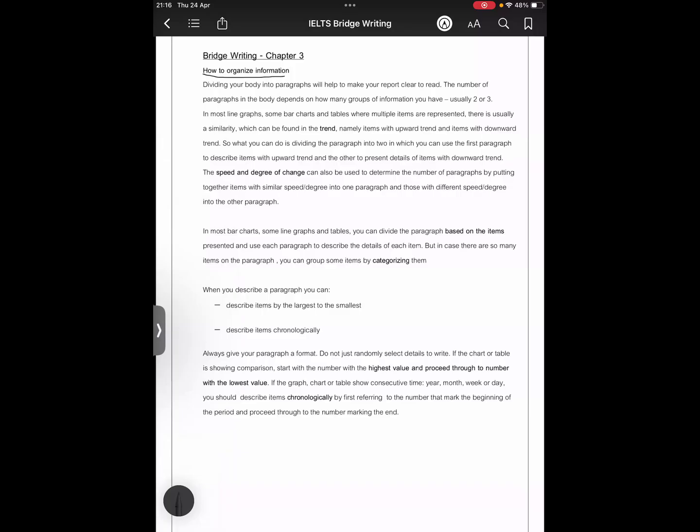Now, there are different ways to organize information, but what I recommend is that you use either trend, category, or time. So we have trend, or we use category, or we use time. All right, so how does that work?